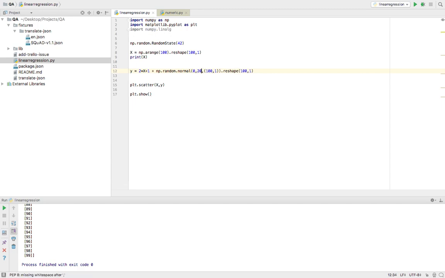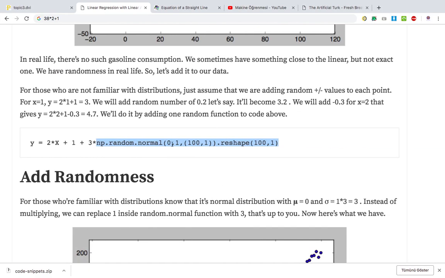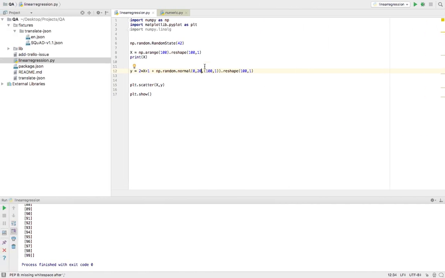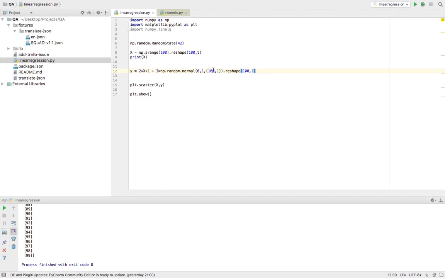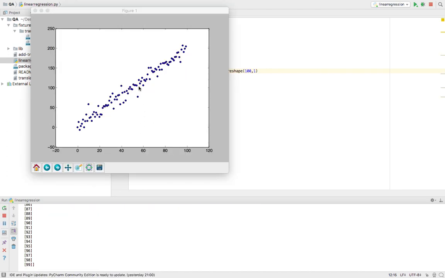Let's plot it. So we have random data like that. Also, I would like to change the standard deviation. Let's observe it again. So this looks good.